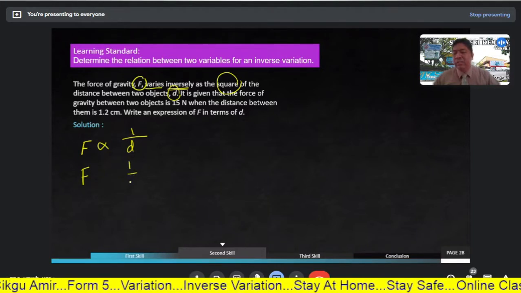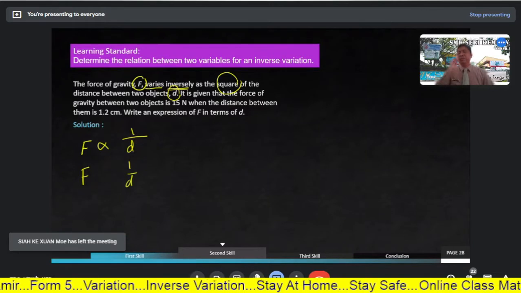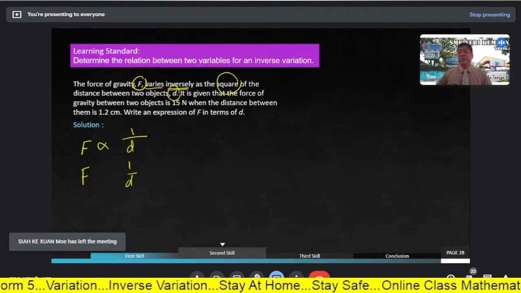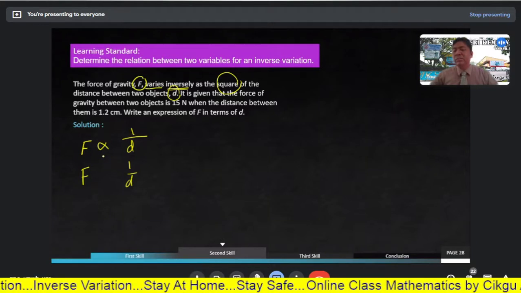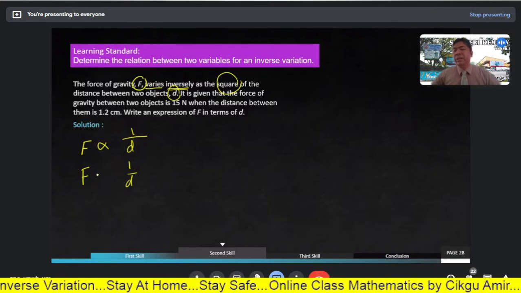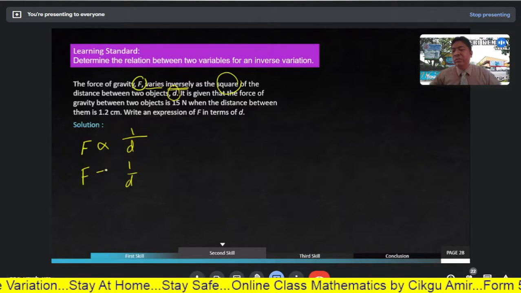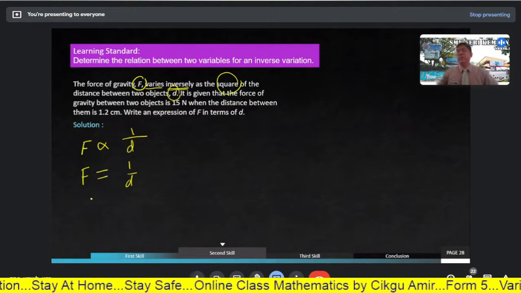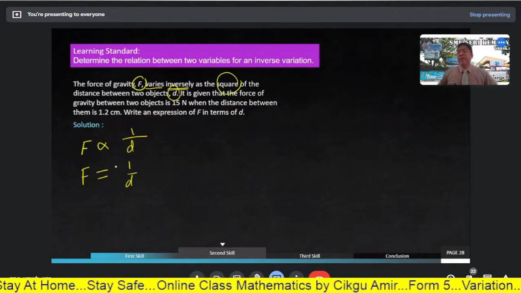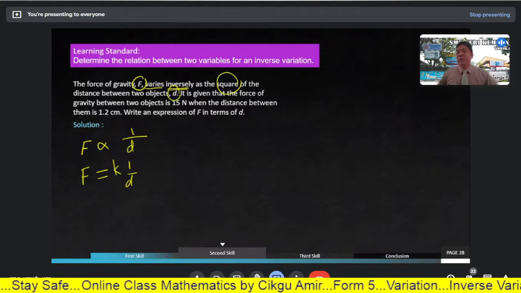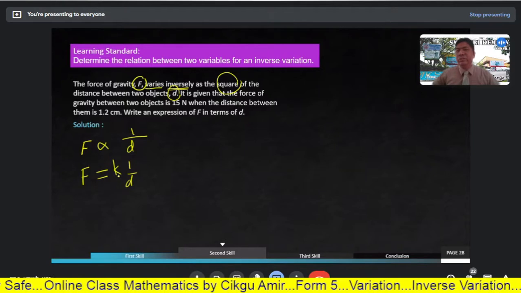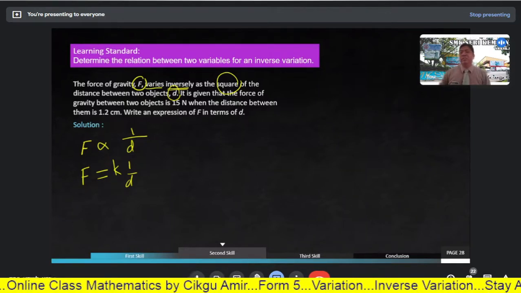Also no change here, 1 over D. The only difference here is the symbol of variation. I change it to the symbol of equal, and I put a letter K to show K is a constant.